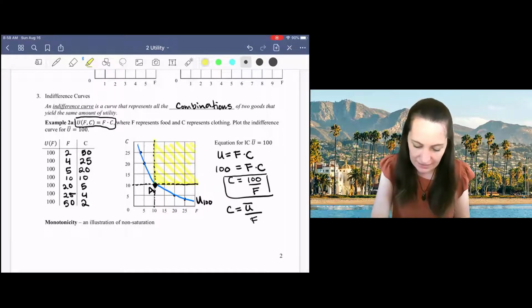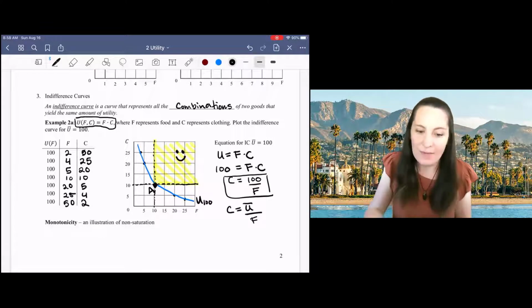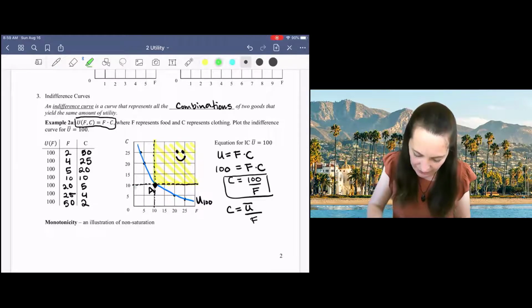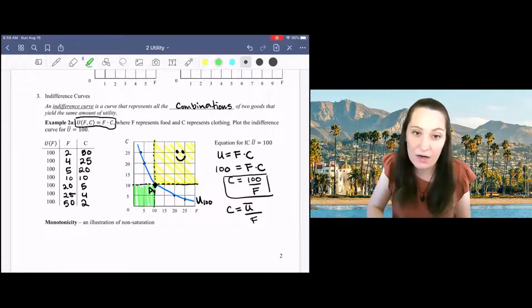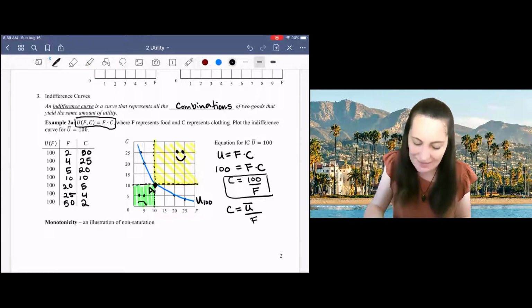So all the points above the indifference curve will make you happier. All the points below the indifference curve will make you sadder. This region here has fewer of both goods, so you'll be clearly much sadder in this region.